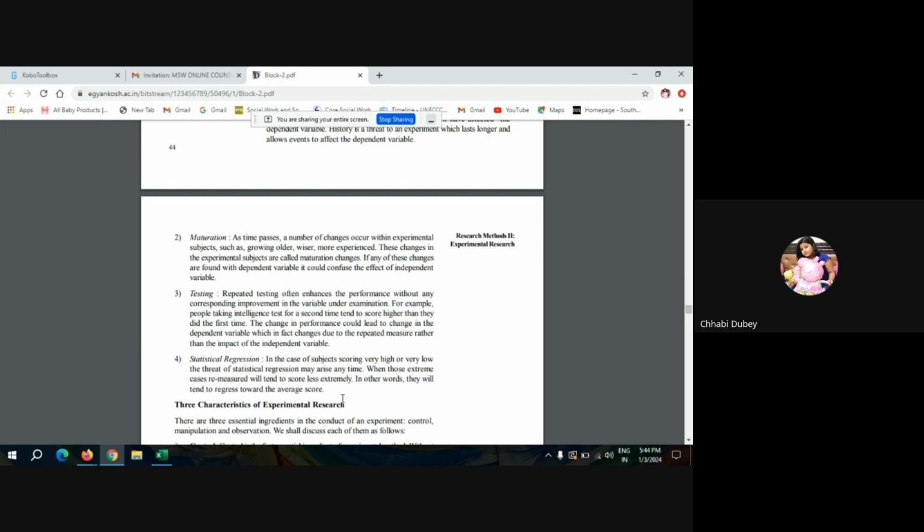And when we come to these extreme values, this regression becomes a threat in itself. In other words, they will tend to regress towards the average scores. So this threat of statistical regression is definitely there.